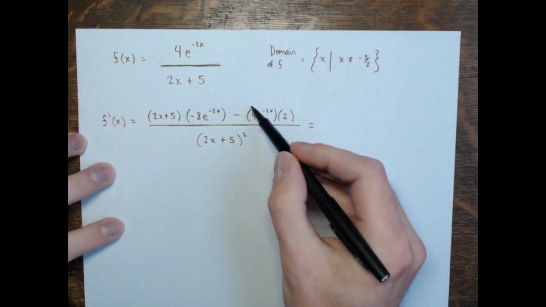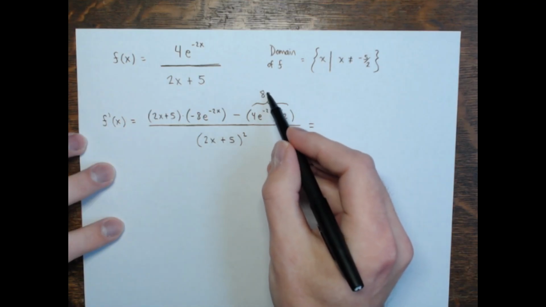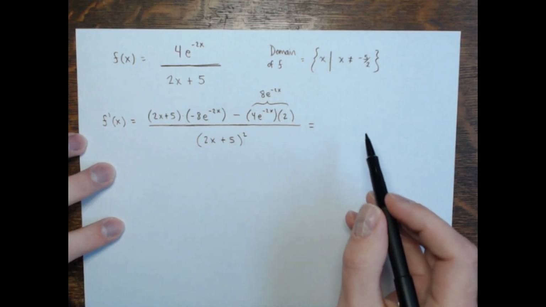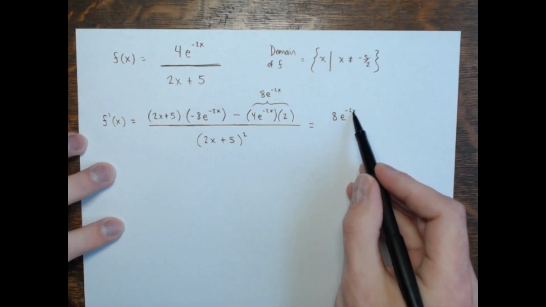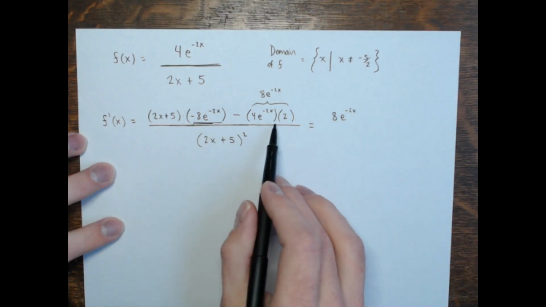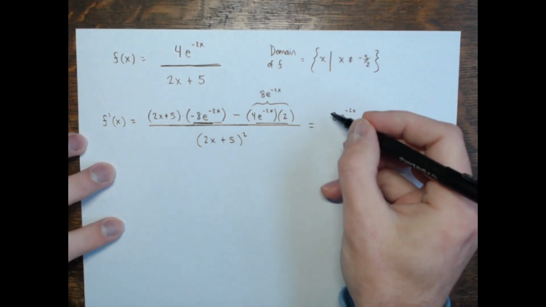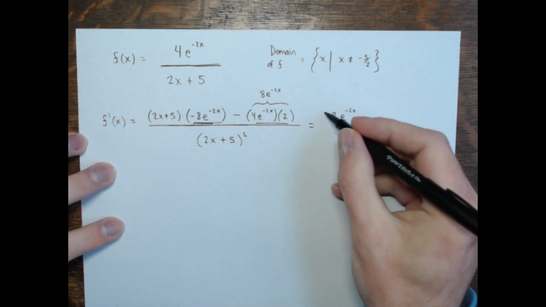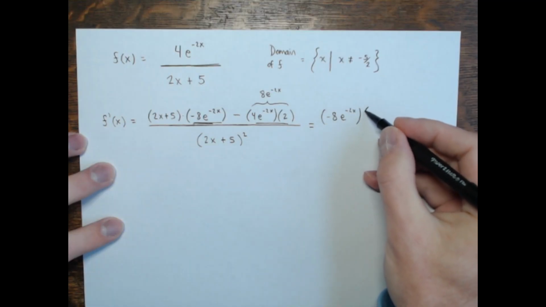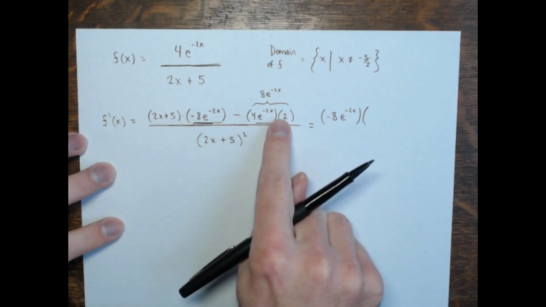And if you notice, this second term here is also 8 e to the negative 2x. So I could factor that out, 8 e to the negative 2x from both of these. Both of them have 8. And in fact, I could pull out negative 8. They both have negative 8 e to the negative 2x. So I'm going to factor that out. And if I do that, I need to have 2x plus 5 plus 1.